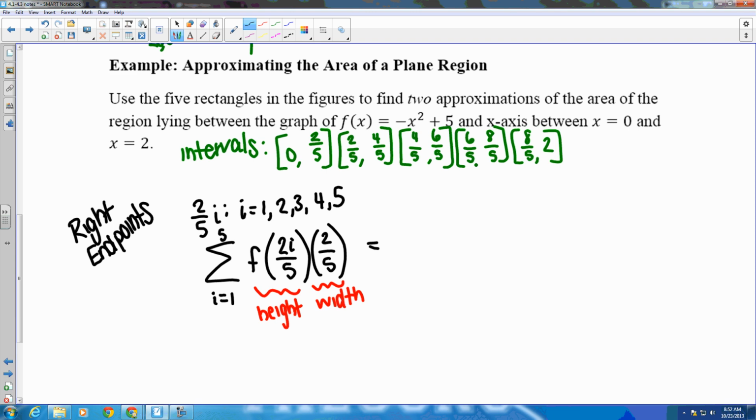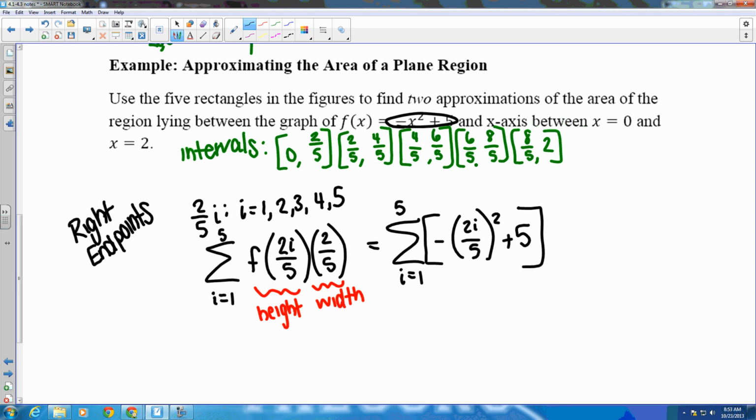We're going to simplify this as much as we can. f of 2i over 5, using our function negative x squared plus 5, gives negative (2i over 5) squared plus 5, times 2 fifths, going from 1 to 5. I'm going to simplify it for you to save a little time. We get 162 over 25, which is 6.48. Okay, so those were our right endpoints.